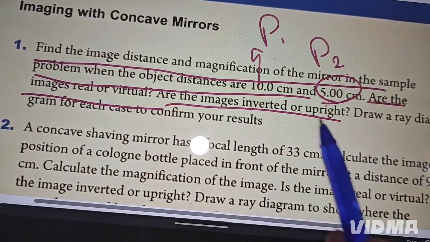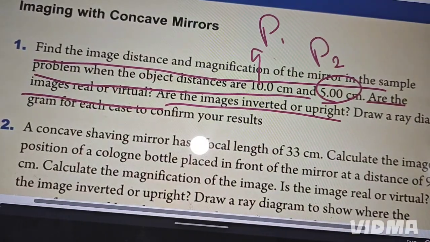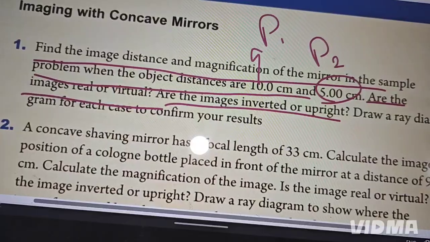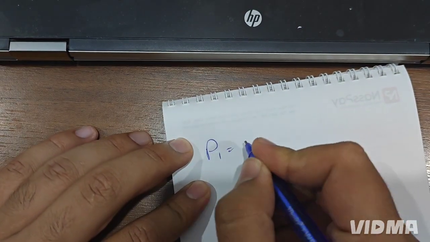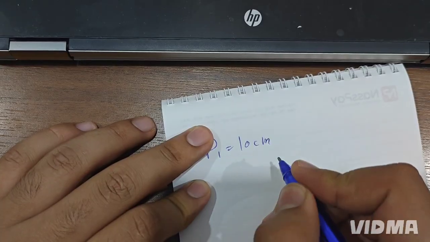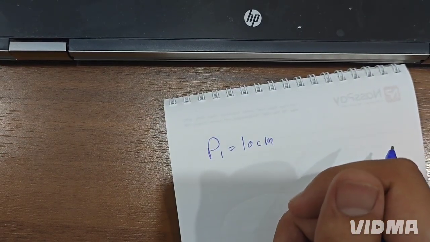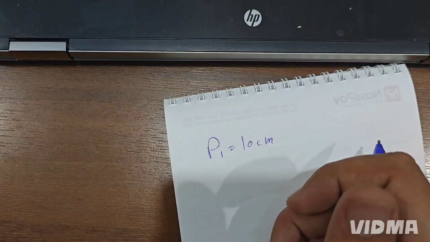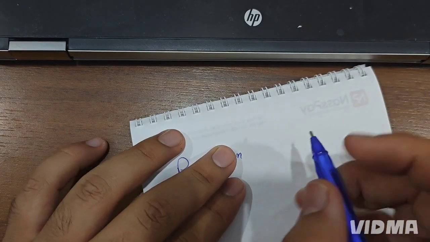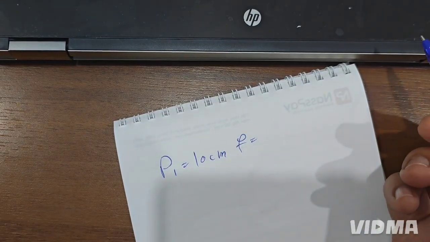The first object distance, P1, is equal to 10 centimeter. And for the focal length, we have to use the previous sample.